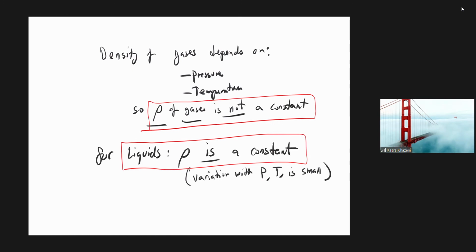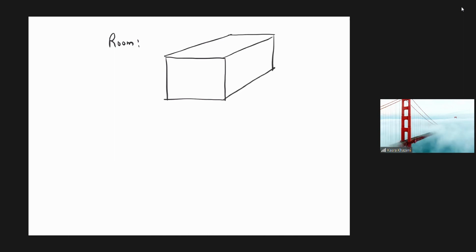All right, so suppose here's a room, and let's give it some dimensions. 3 meters height, 4 meters width, and depth of 5 meters. A typical room is this kind of size.